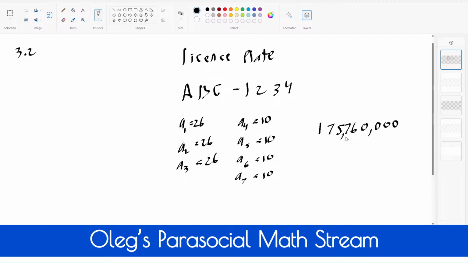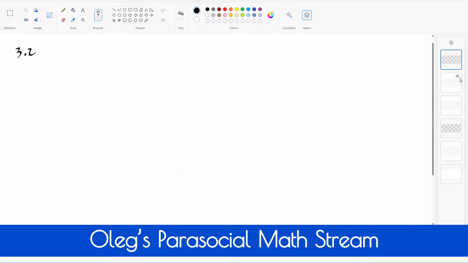Okay. All right. Let's open this up. Consider lists of length 4 made with the symbols A, B, C, D, E, F, G. How many lists are possible if repetition is allowed?